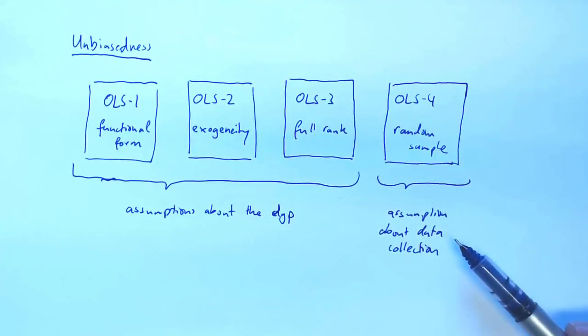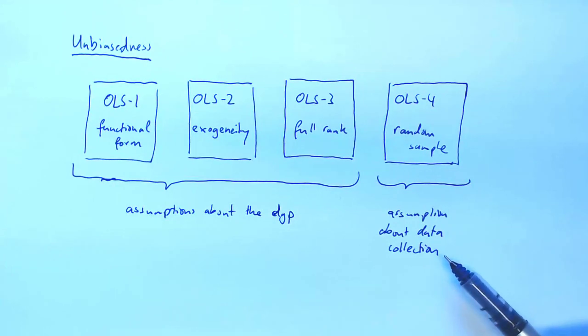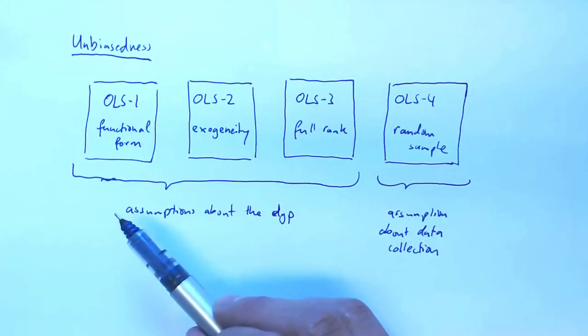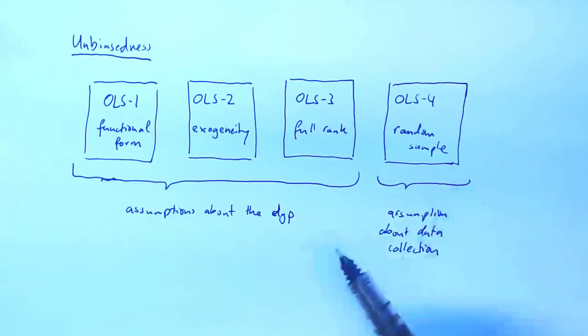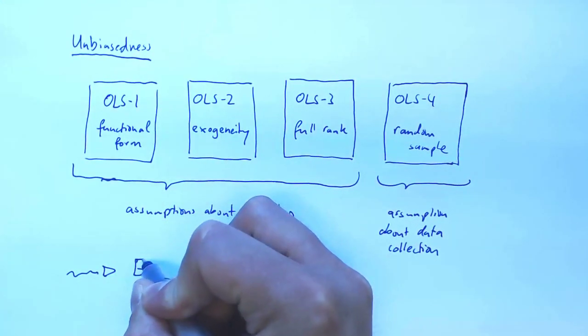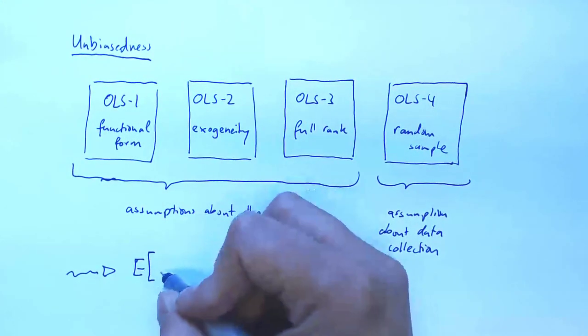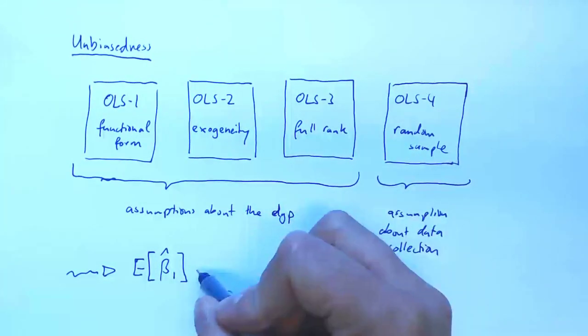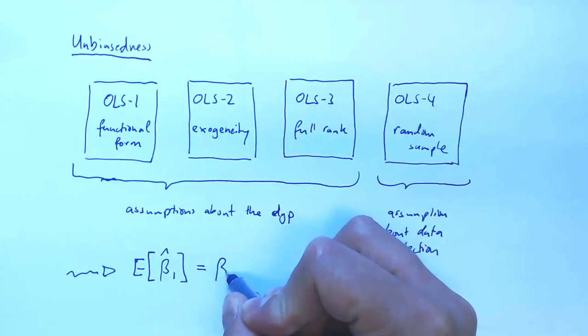So this is a little different because we know how we are collecting our data. So OLS4 is something that we should be able to verify. Now, if these four assumptions hold, then the expected value of beta 1 hat is equal to beta 1.